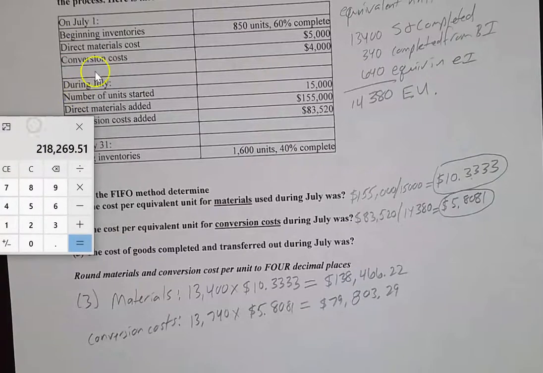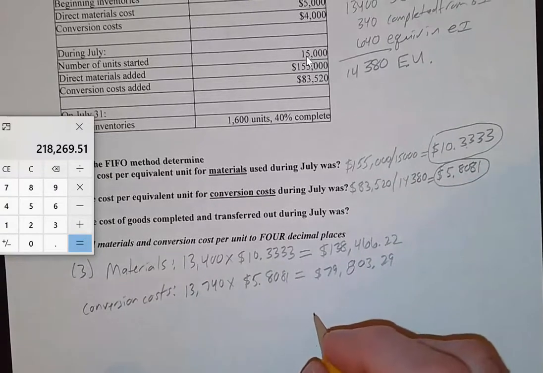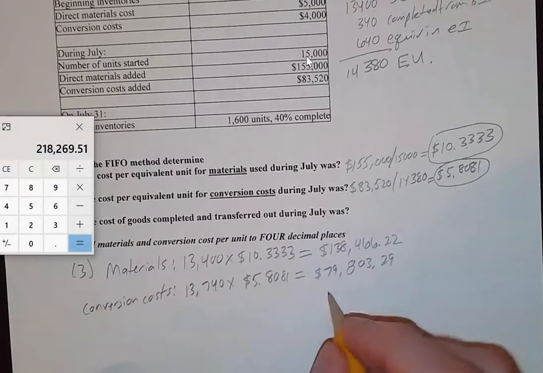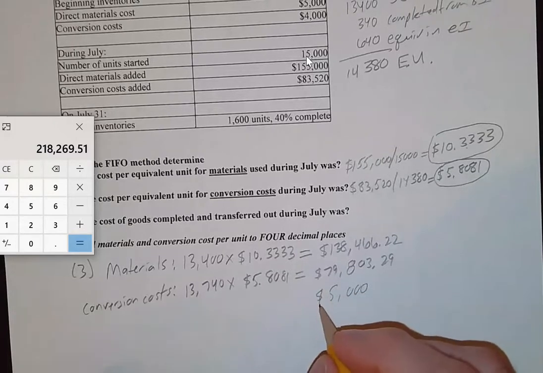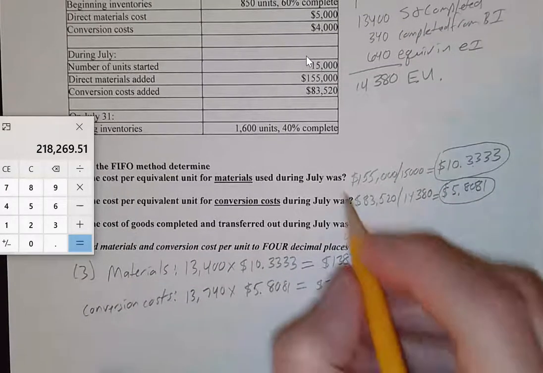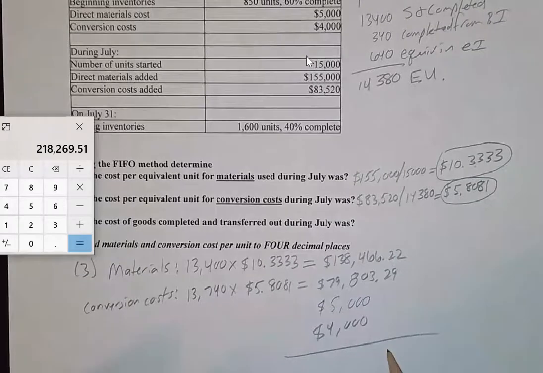And let me show you why. Because we also have this $9,000 in costs that we already had at the beginning of the period. So we're going to go ahead and add an additional $5,000. Let's see, what was that? That was direct materials up here. And then an additional $4,000 to these figures.